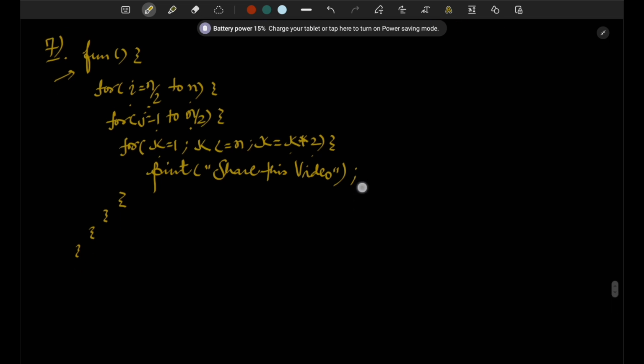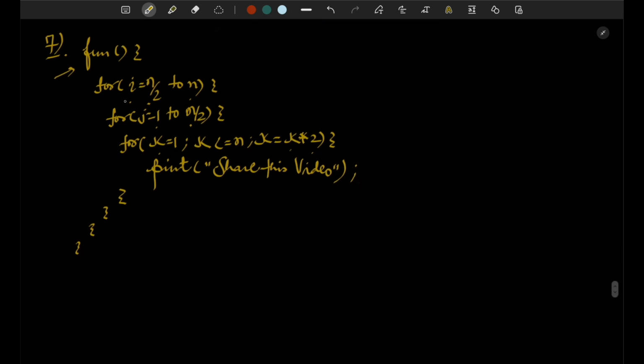So here what we see is that i is running from n by 2 to n. j is running from 1 to n by 2. k is running from 1 to n. So none of the loops are dependent on each other.